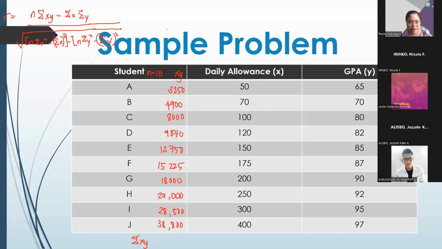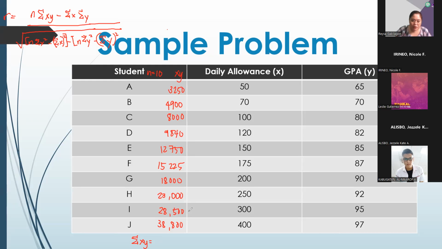Okay? Yan yung ibig sabihin ng summation of x, y. I-add natin silang lahat. So that's 3,250 plus 4,900 plus 8,000 plus 9,840 plus 12,750, 15,225, 18,000, 23,000, 28,500, and 38,800.